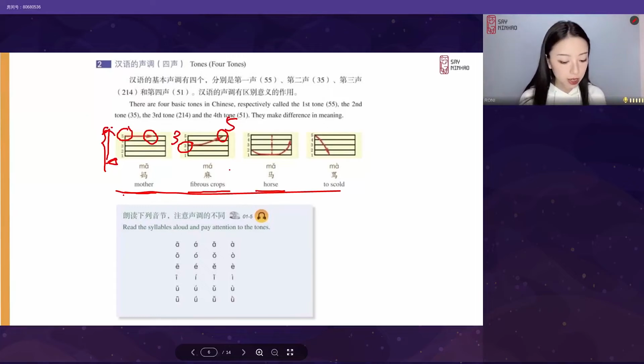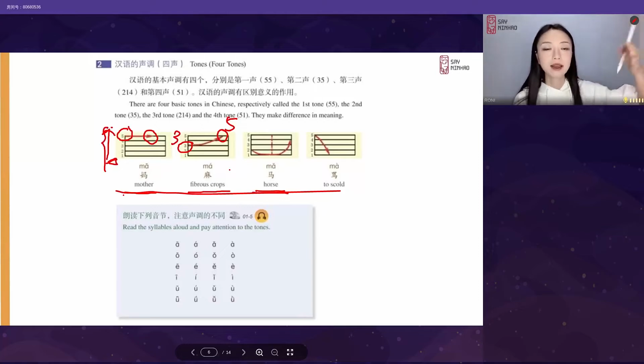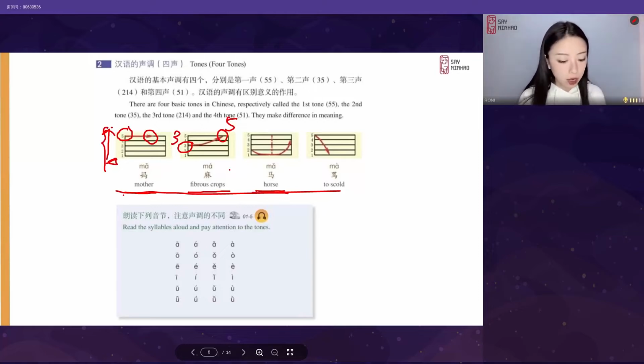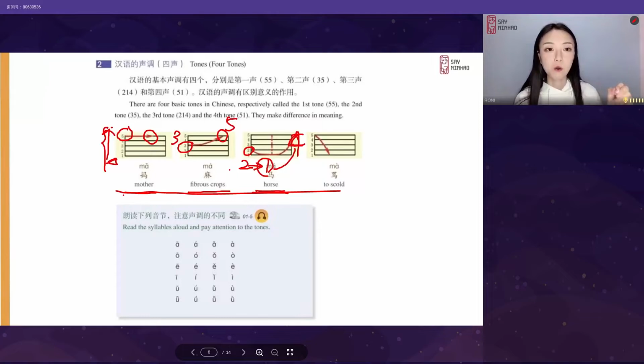Now let's see third tone, which is ma. So it started at pitch 2 and it dropped to pitch 1 and then it rose up to pitch 4. So it is like 2 1 4, 2 1 4.